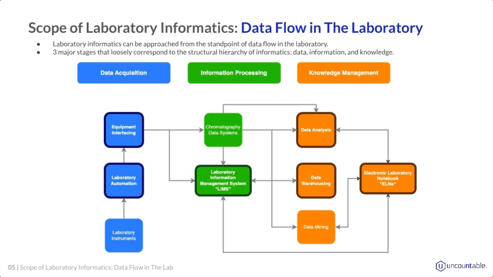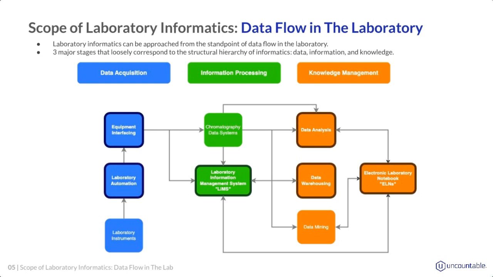So oftentimes the equipment will spit out a structured CSV, sometimes a series of images, and you need to ingest that. Sometimes that gets ingested through a chromatography system, a more complex, specialized piece of software. Other times it goes straight into a LIMS system that's more generic. But it's really important that you combine that with the knowledge management side, where on the far right, we have the ELN, which oftentimes contains the context of the experiment, how it was run.